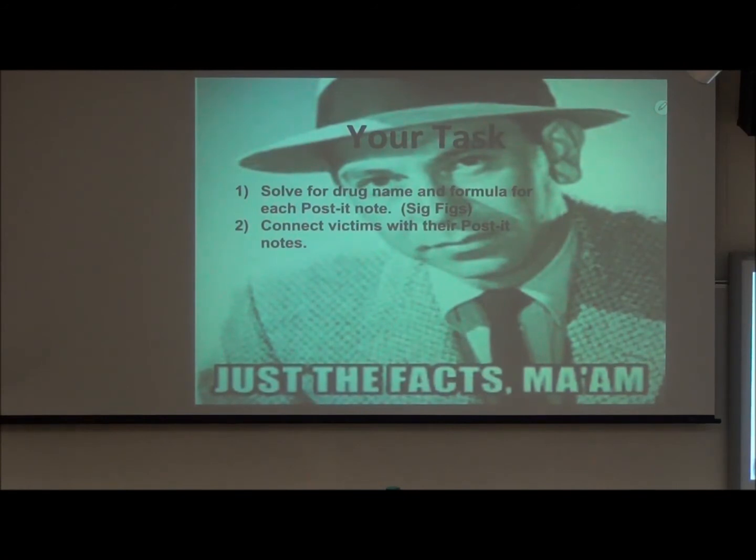You want to connect those passengers with your Post-it notes, so you can say that Johnny Majors was passenger A, or that Cadillac Jackson was passenger F, or whatever the case might be. Using only the evidence found on the scene, just the facts, ma'am.